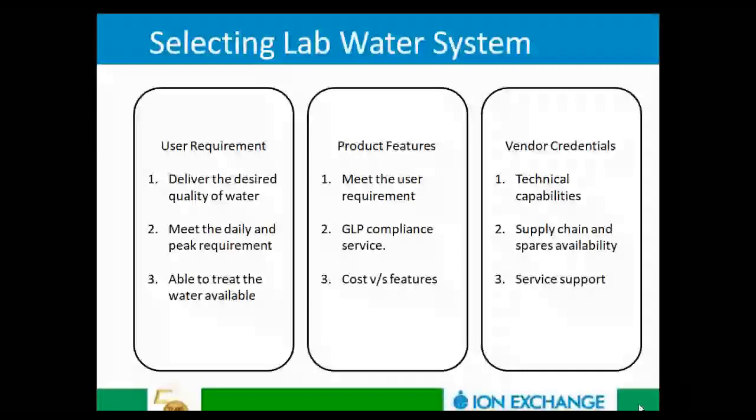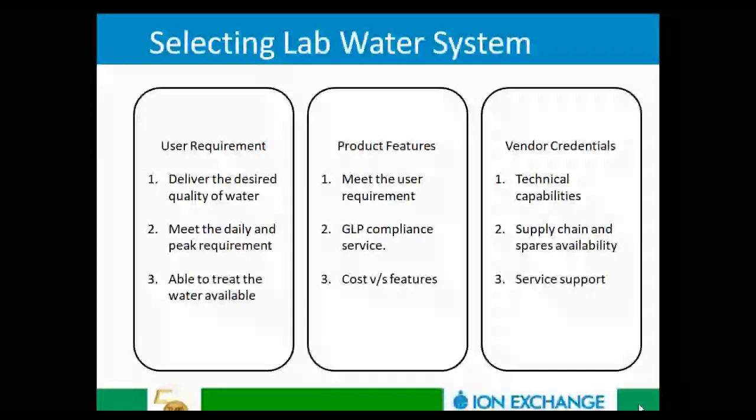And the third important thing is that whatever the specification of the product, will it treat the water that is available at the customer location? Can the supplier give a proper treatment if I give him the feed water analysis? So these user requirements cannot be compromised.